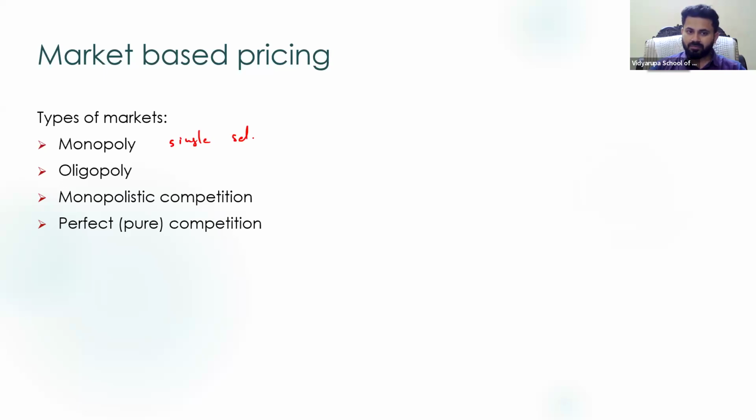So that seller dominates. I hope you can relate to the logic. Unless there is government intervention, government rules and regulations coming in, usually they'll have ultimate control, pure control over how to fix their price.